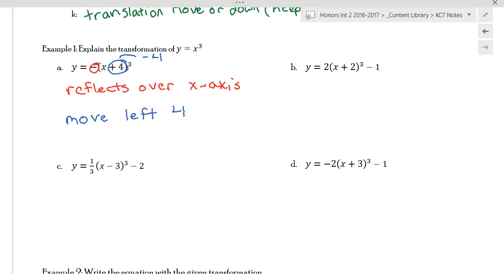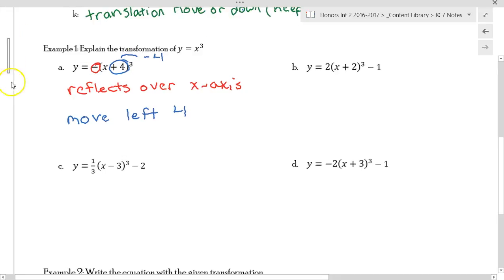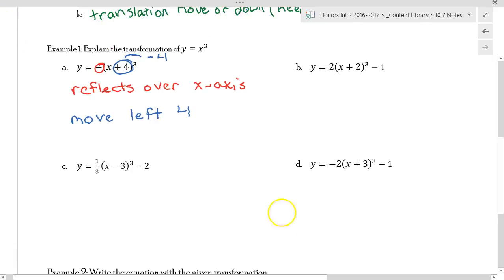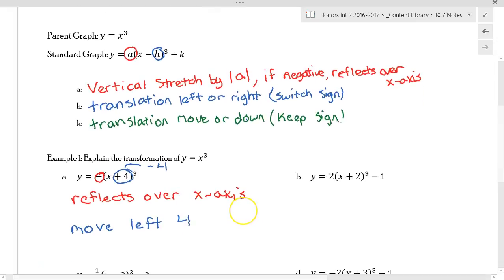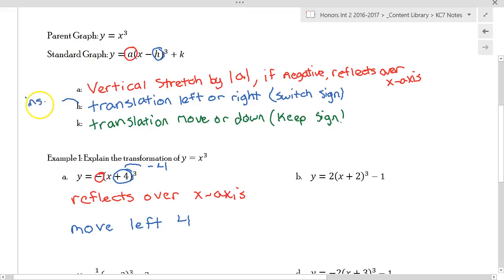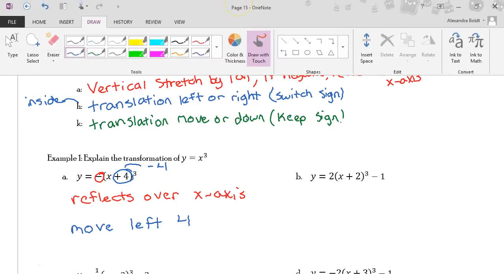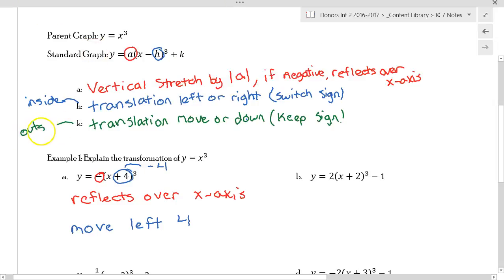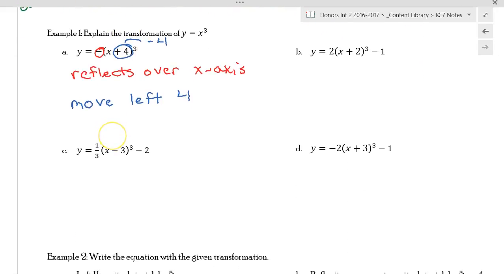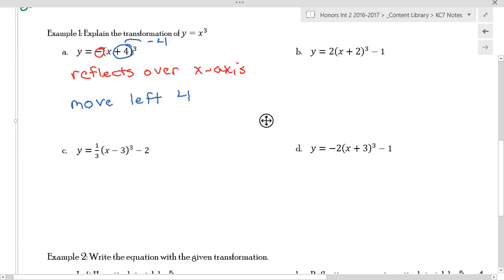So really, h is inside your parentheses, K is outside. We can add that in to help us remind ourselves. So those are my only different things. The x and the cubed are the same as the parent graph, so I don't have to explain those things.